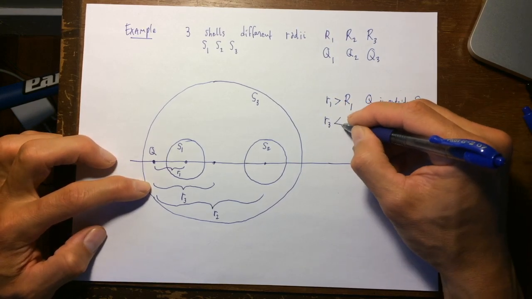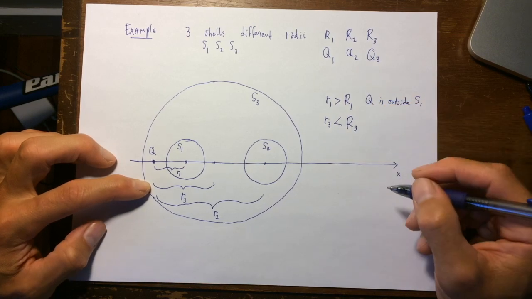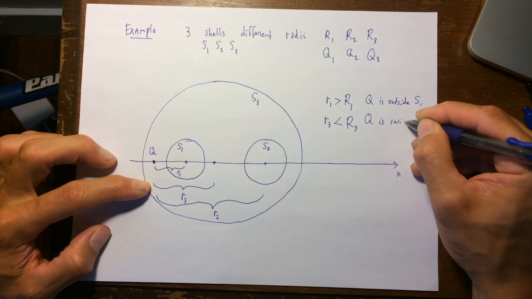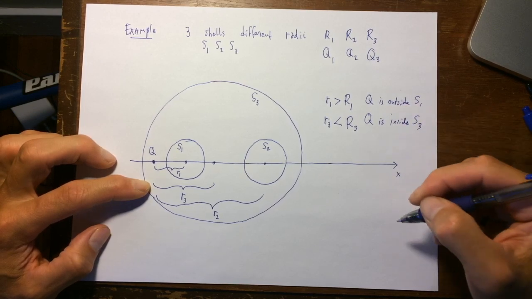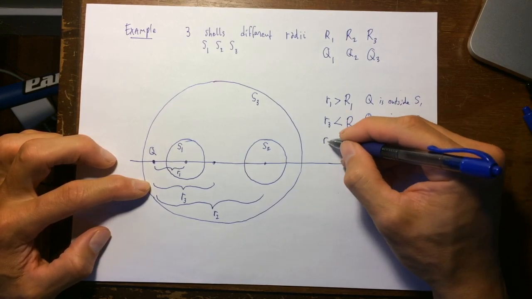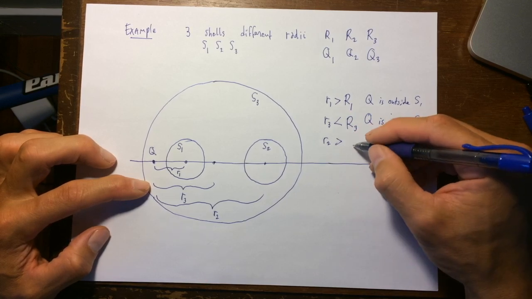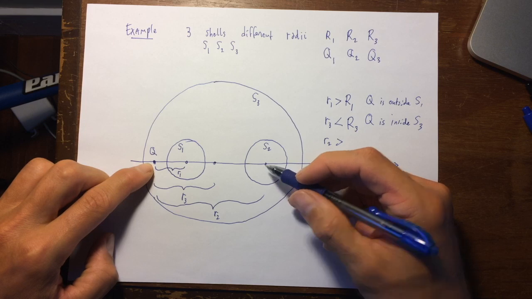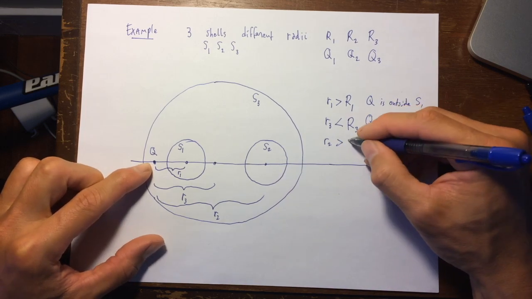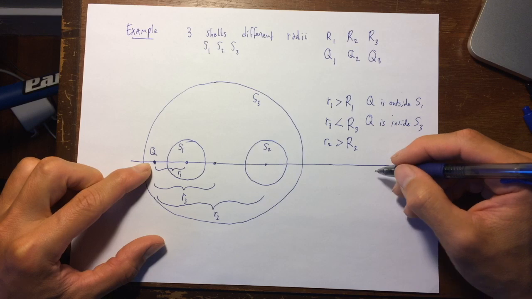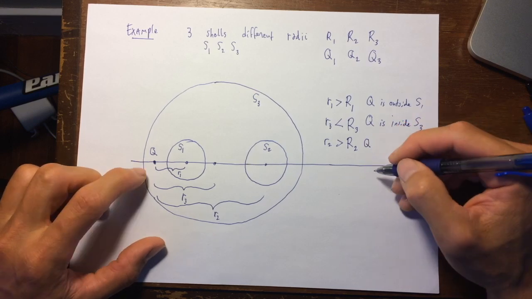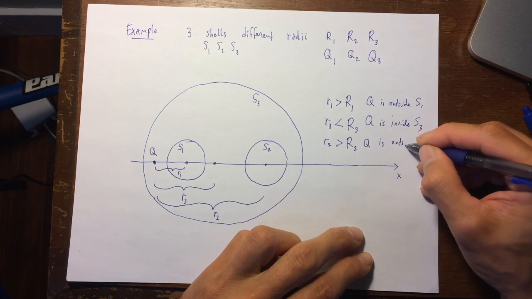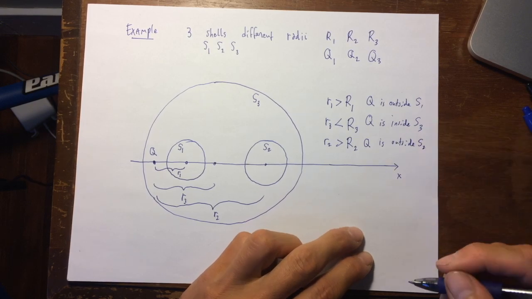R3 is smaller than the radius of the shell S3, so Q is inside S3, and R2, the distance between Q and the center of the shell S2, is bigger than the radius of the shell S2, so that means that our interesting little point charge Q is outside S2.